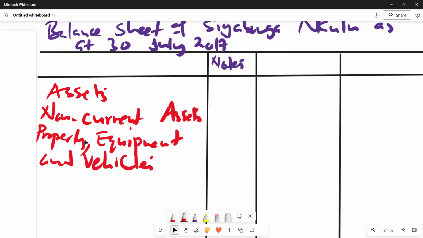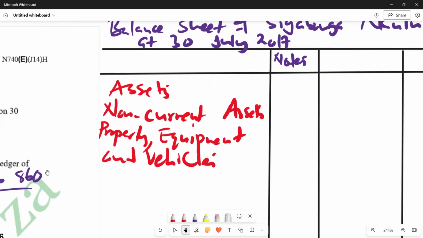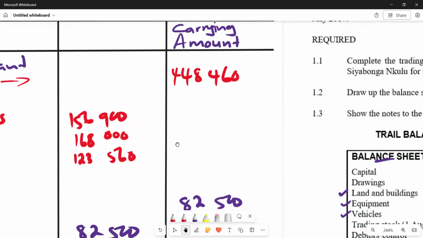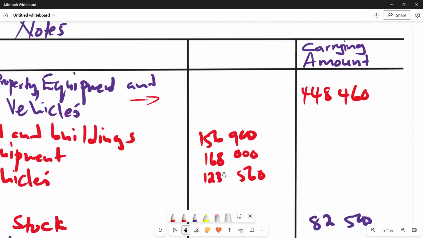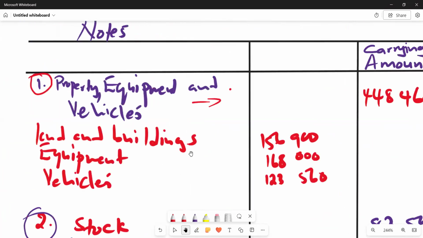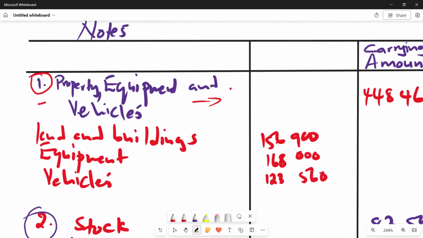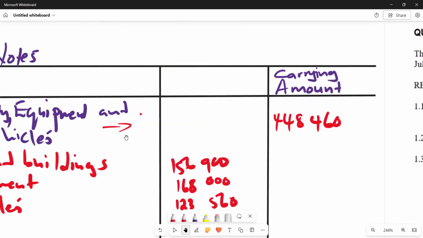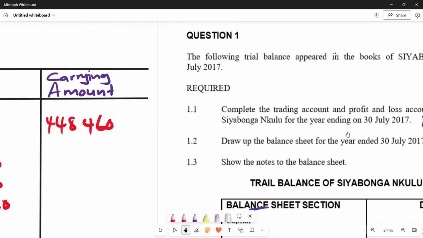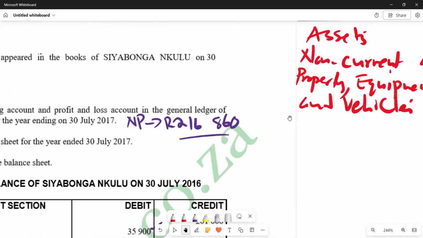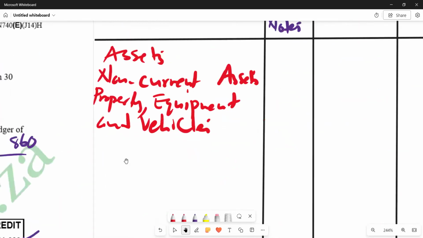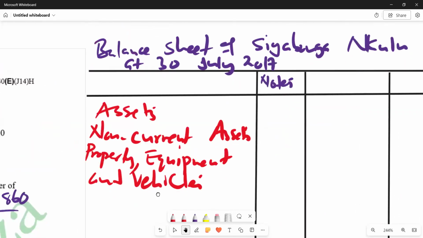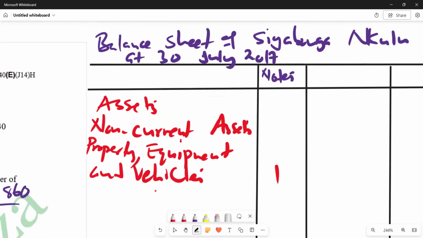And we got an amount of, we can now just refer back to what we prepared. That was the first note here, property, plant and equipment, and we got 448,460 as the total. And we're going to make a reference of note one. That is where we're taking the information. So we are saying note one. Information is coming from note one.